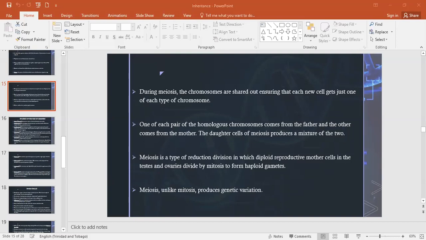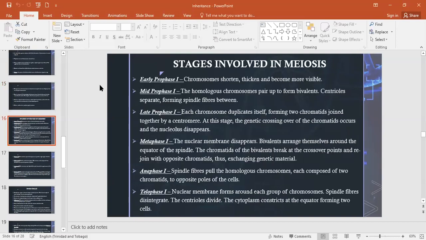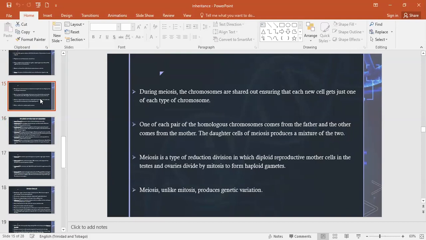Chromosomes duplicate itself. Well, the chromosomes will duplicate themselves. They duplicate before. So what will happen now? This is where they hold hands and feet.